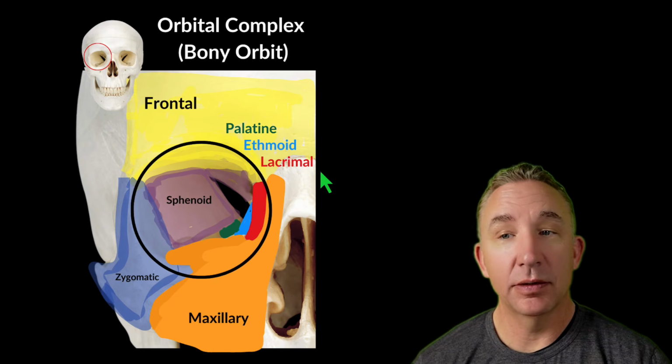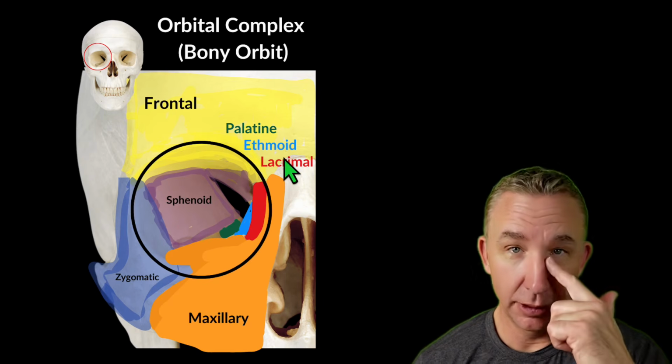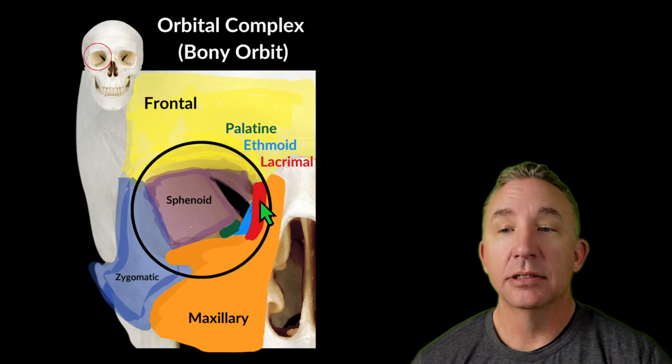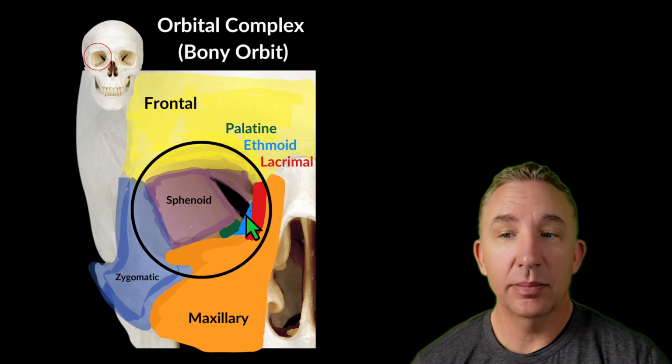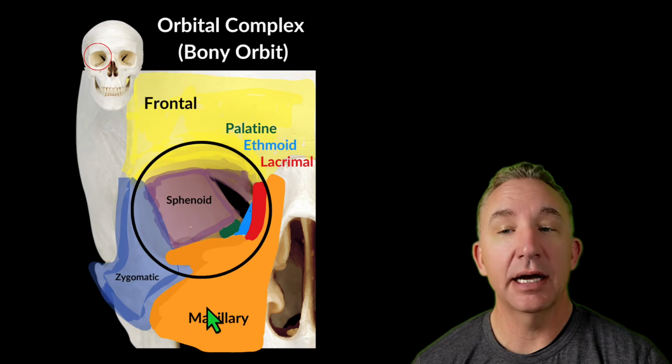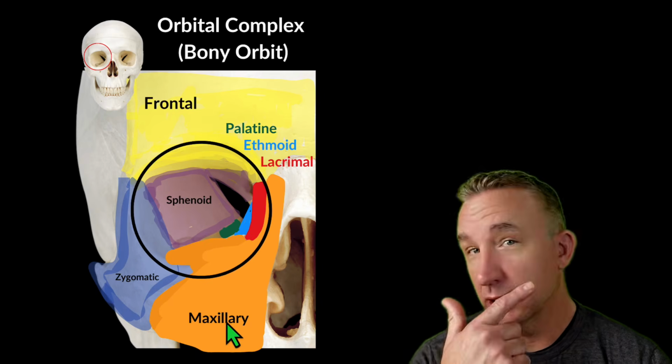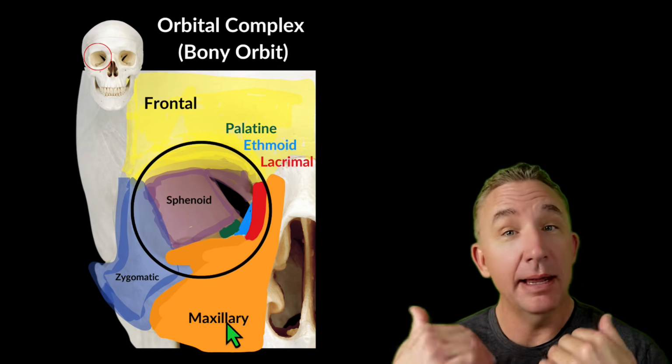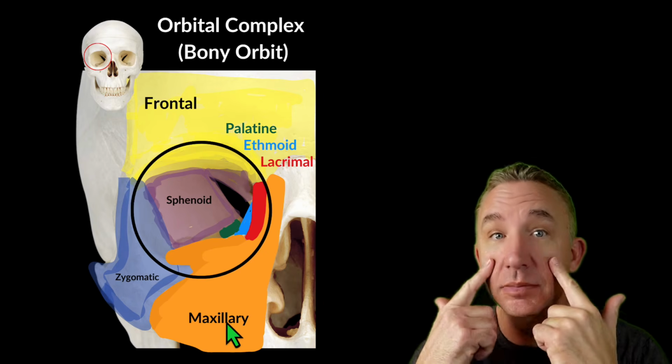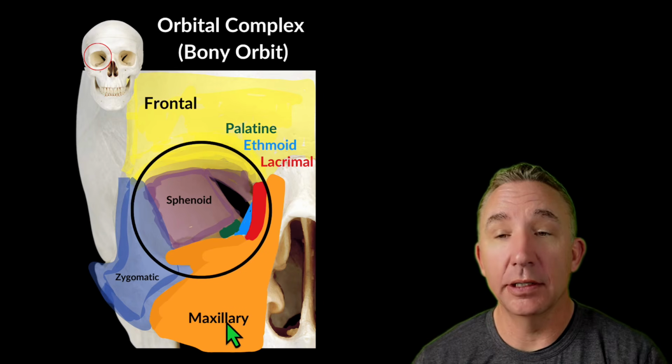My lacrimal bone is where my tears develop, so just on the corner of my eye here. So I get lacrimal bone, ethmoid bone, and palatine bone. And then down to my maxillary bone, which is my mustache bone and part of the roof of my mouth, but it still comes up all the way around my nose.